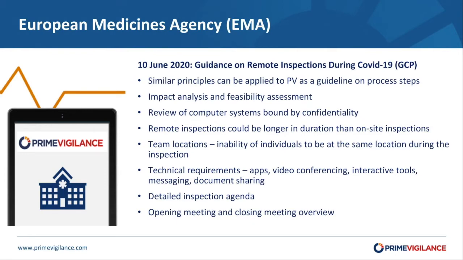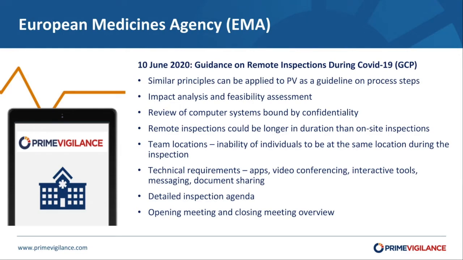Remote inspections could be longer in duration than on-site inspections, and certainly the location of your team can add to the challenges. So we need to have the ability to dial into the same teleconference and account for different locations of the individuals in your team.